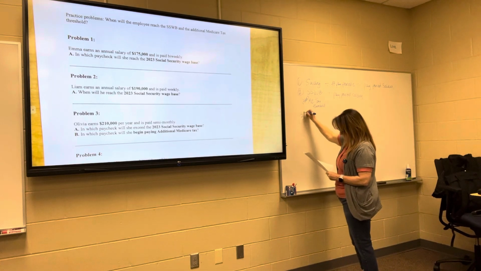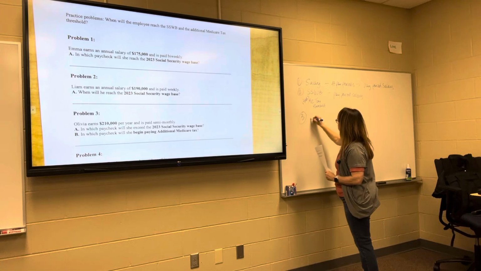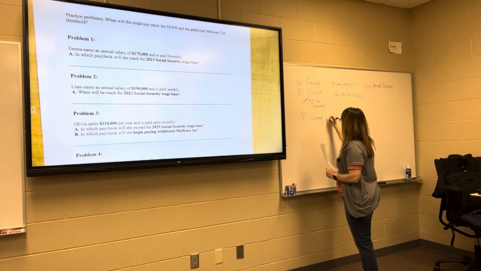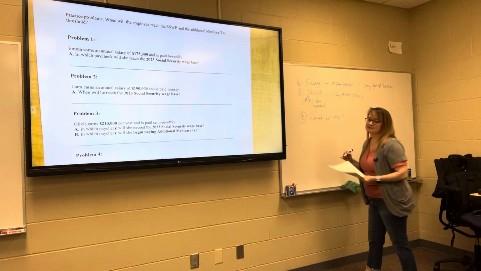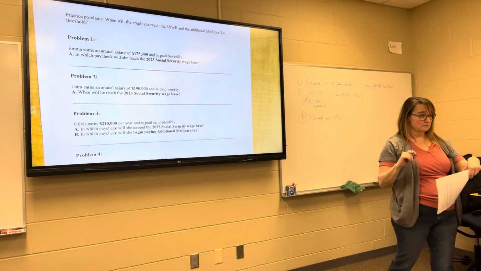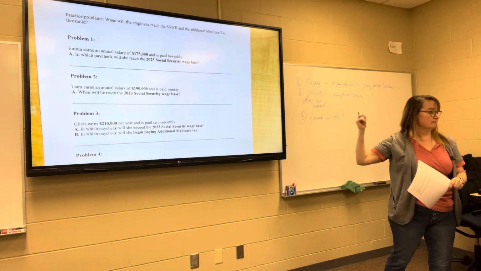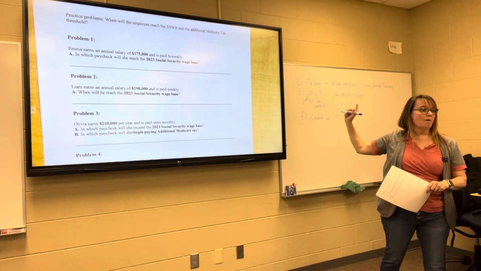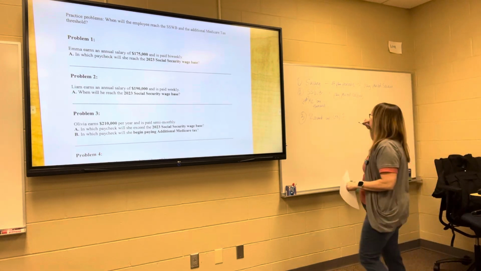Third step, we're going to round up step two. That's going to tell you the pay period number that they reached that base, either the wage base or the additional Medicare.